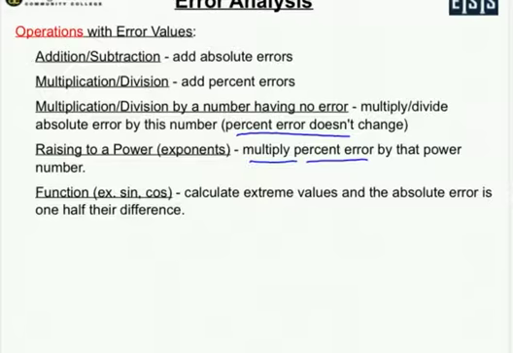And then if you have a function, like taking a sine or a cosine of a measurement, here you would calculate the extreme values, where you would take your plus or minus.